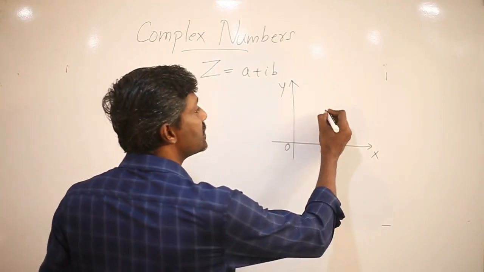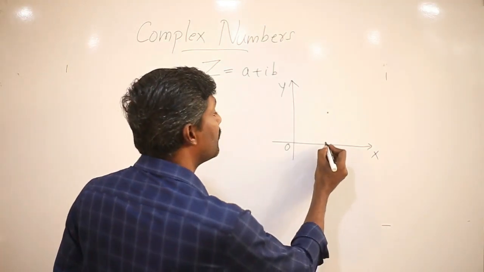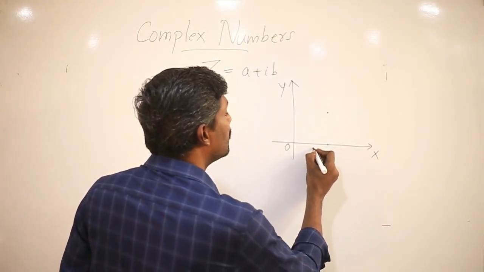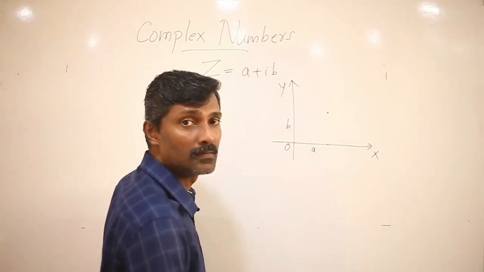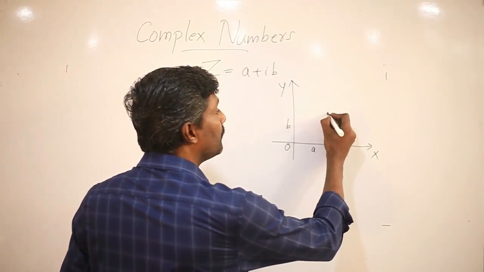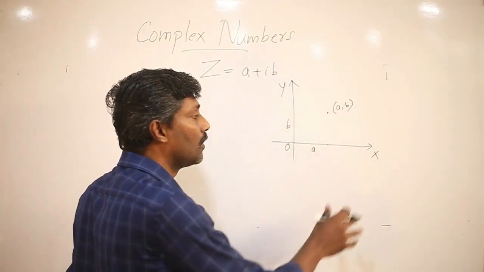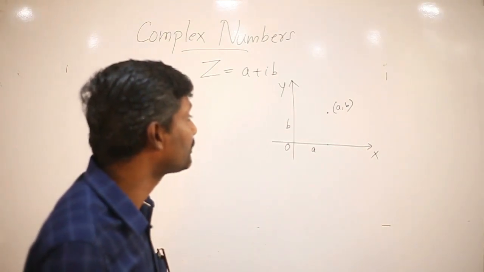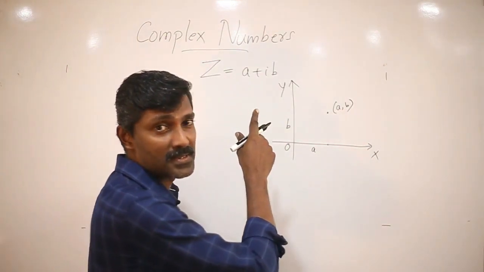So this is the point where along the x-axis we travel a distance and along the y-axis we travel b distance. So this point, the coordinate (a, b) on the z plane, or the xy plane, the complex plane, represents the complex number a plus ib.